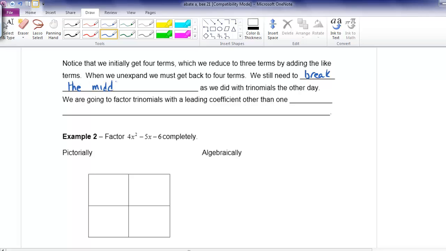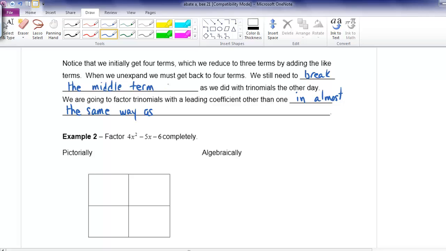So just as we did with a trinomial with a leading coefficient of 1, we have to get back that middle term. And we're going to factor trinomials with a leading coefficient other than 1 in almost the same way, in almost the same way as last day.